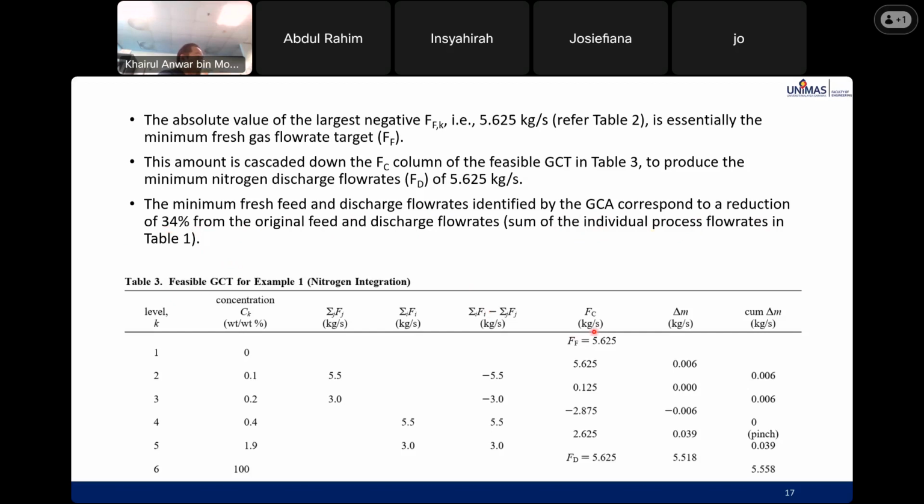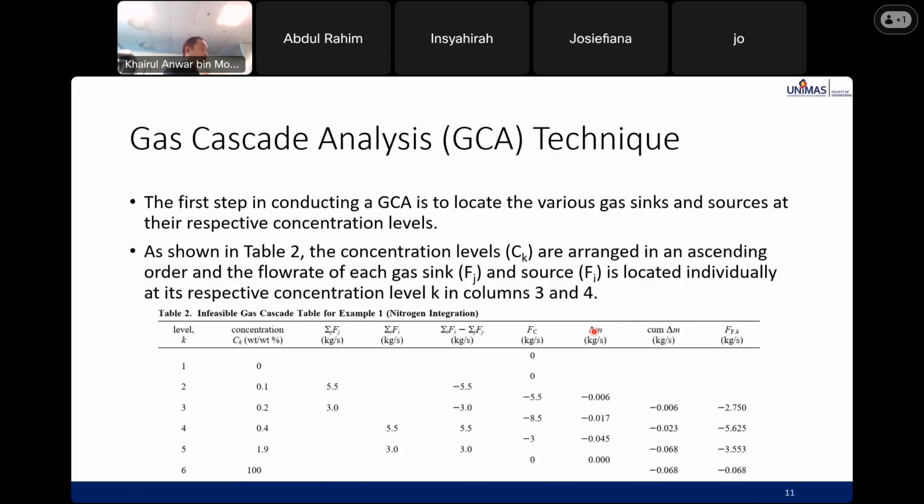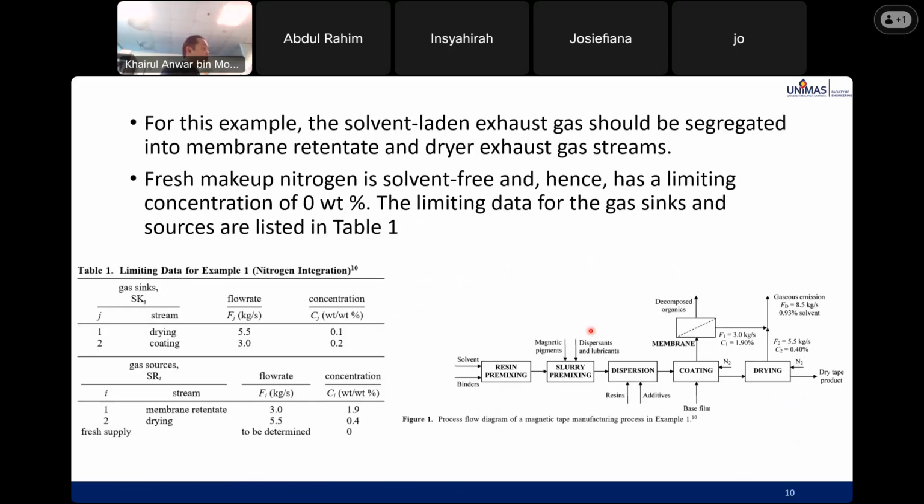Based on figure 1, the gaseous emission is actually 8.5 kilogram per second FT.